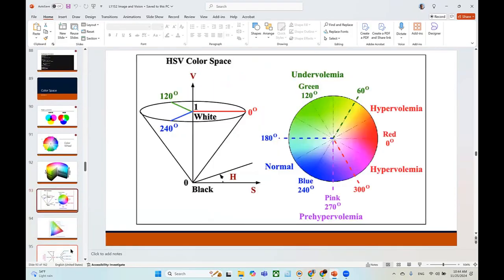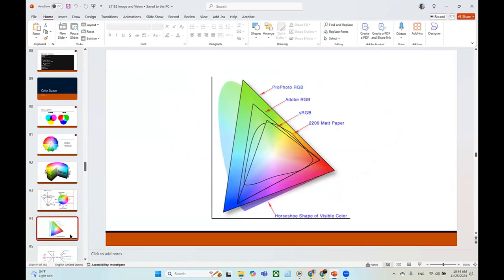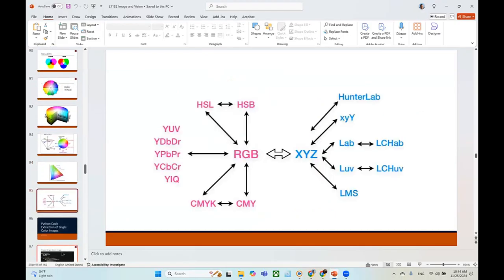There are several color space models. This one tells you what RGB is, and RGB can come from several different kinds of cameras. And then you need to convert it back to XYZ, using different tools as well.